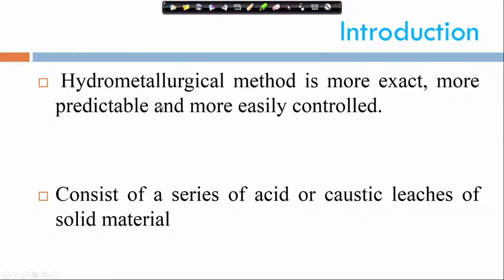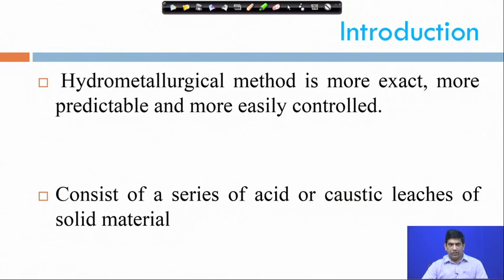In terms of the hydrometallurgical process, if you look at an overview of that, it's more exact, more predictable, more easily controlled. So this is a benefit over the pyrometallurgical process: we have better control, and we can predict what will happen.